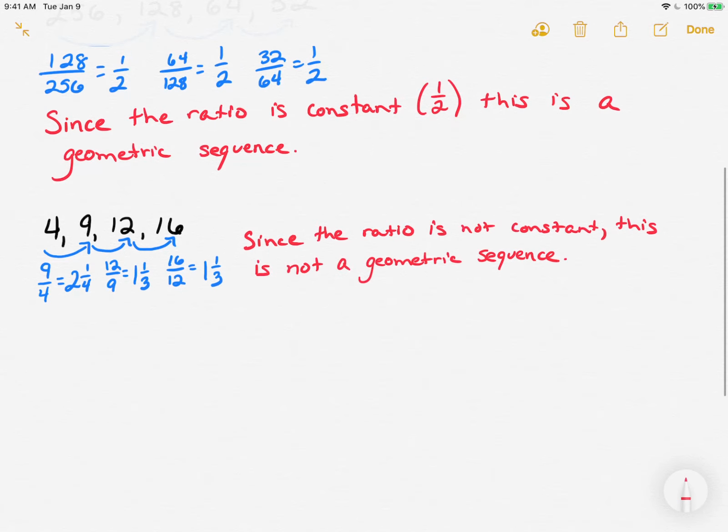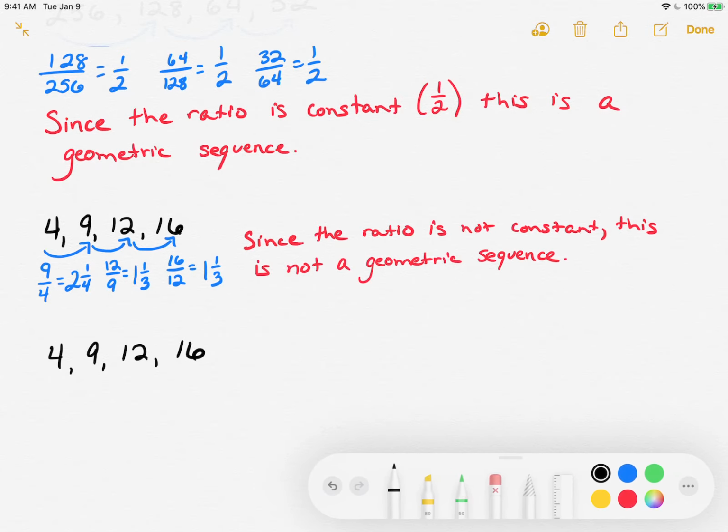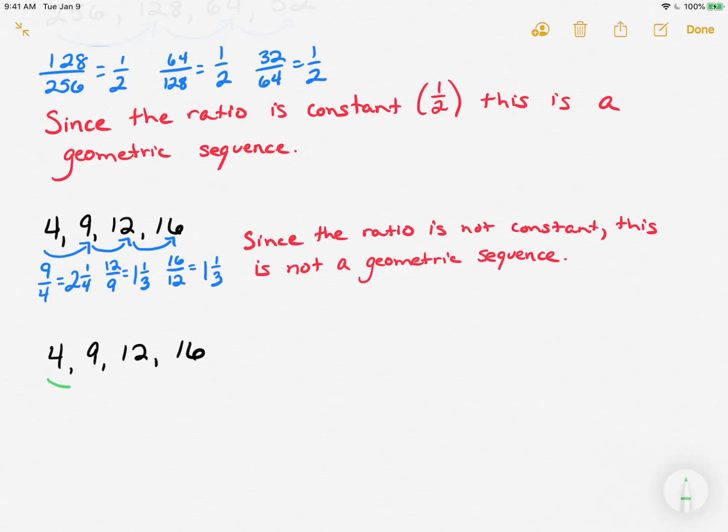So once we figure out it's not geometric, our next question becomes, is that same sequence arithmetic? Okay, so to get from 4 to 9, what am I doing? You're adding 5. To get from 9 to 12, 3. To get from 12 to 16, 4.